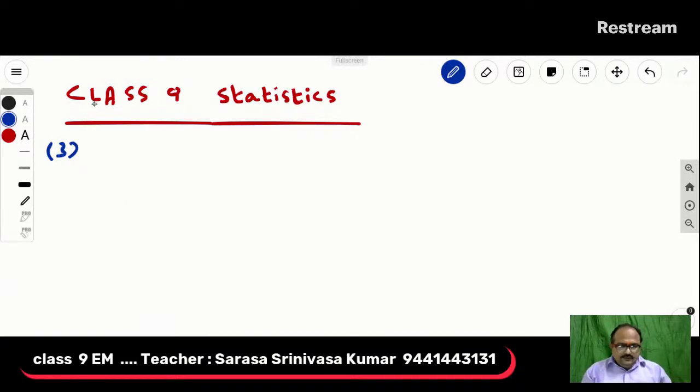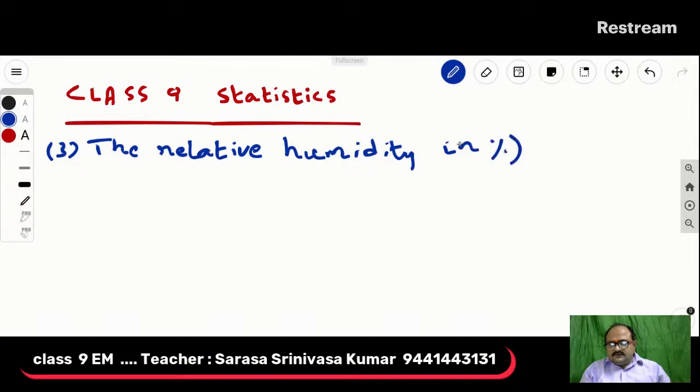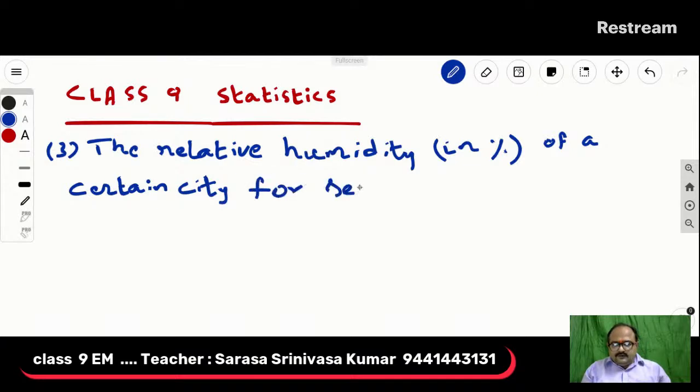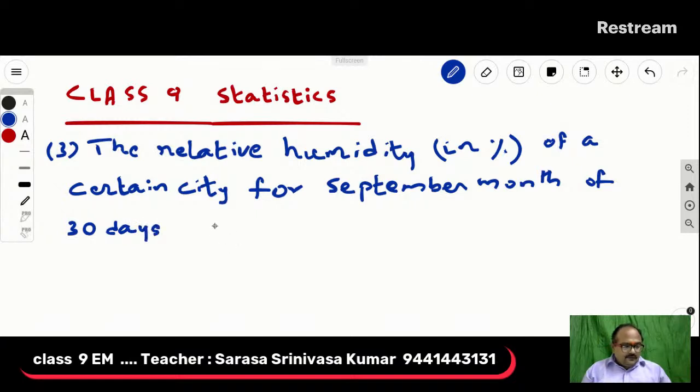The relative humidity in percentage of a certain city for September month of 30 days was as follows.